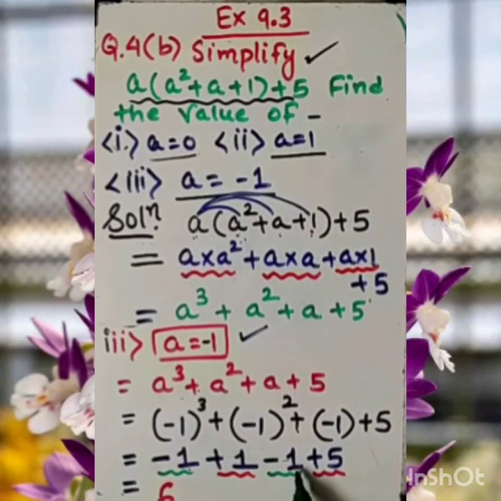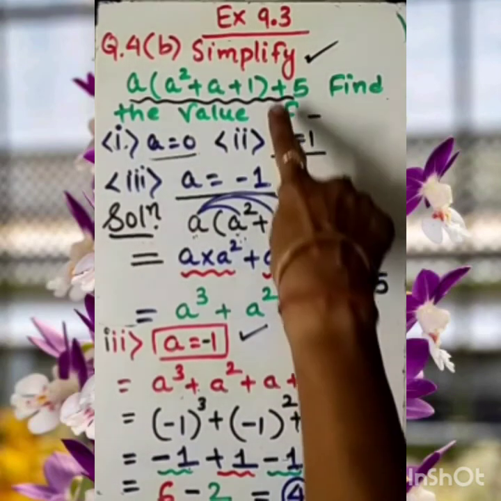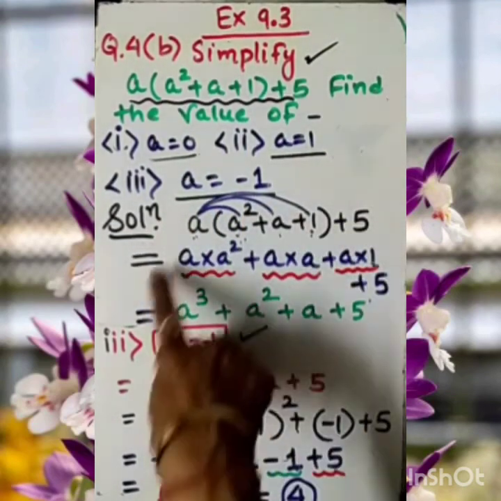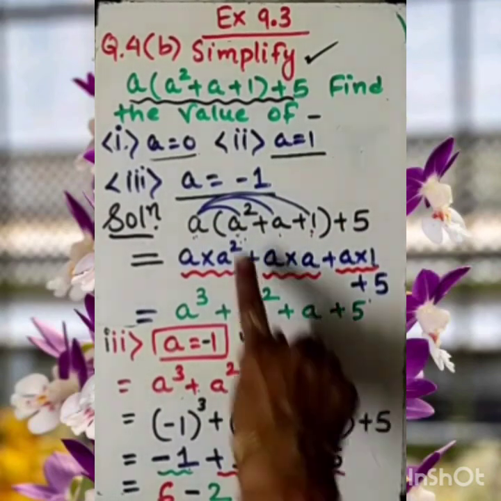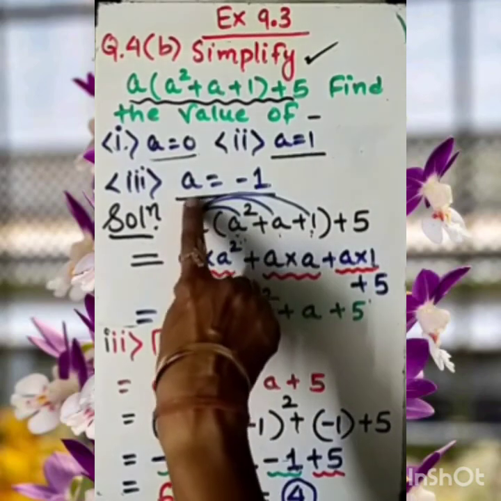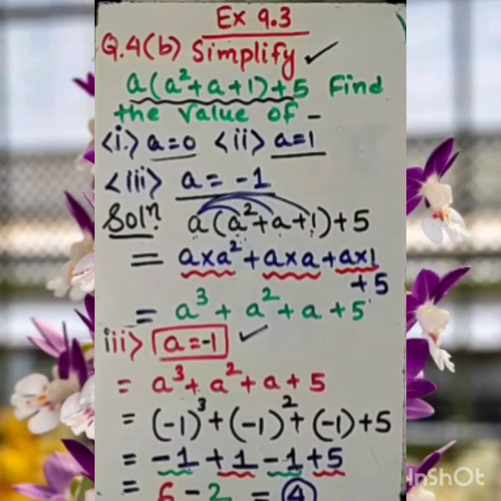So 1 plus 1 is 2, but the sign will be minus. So 6 minus 2, the final answer is 4. So first we wrote the expression, we solved it into the simplest form, and then one by one we put three different values in place of a, and we got the three different answers.